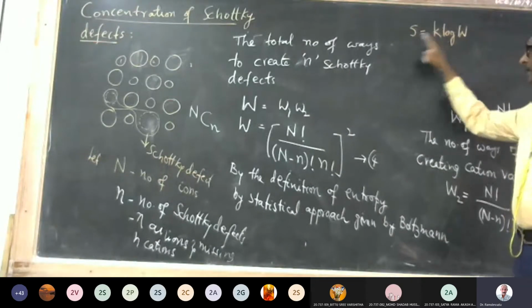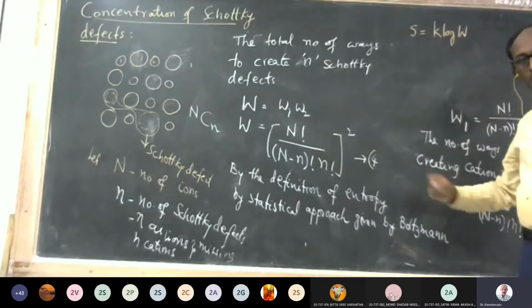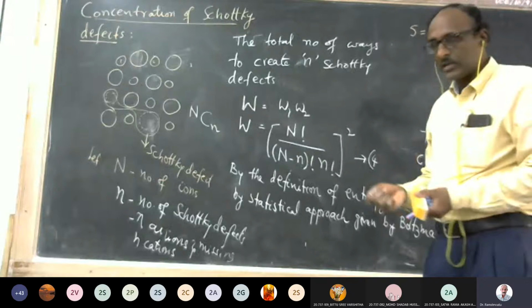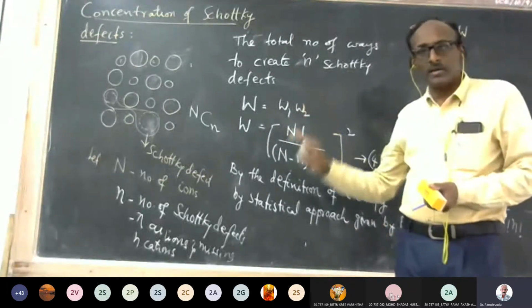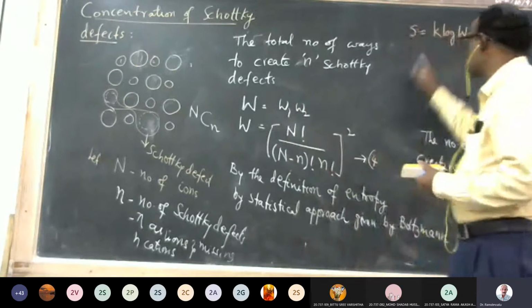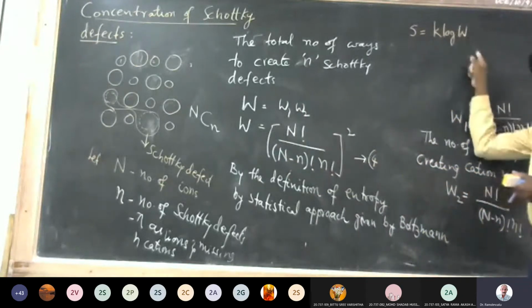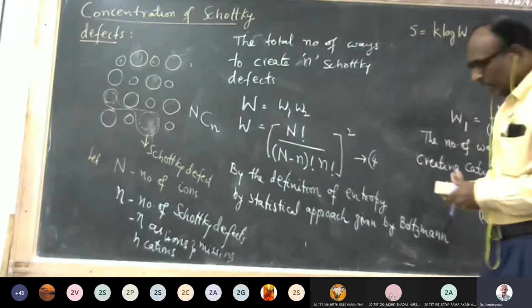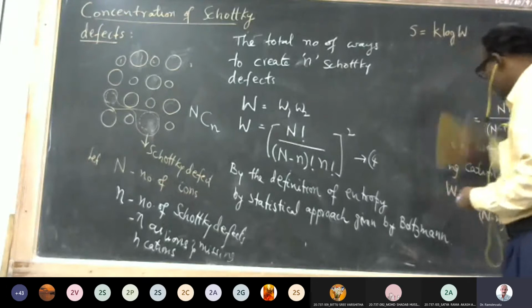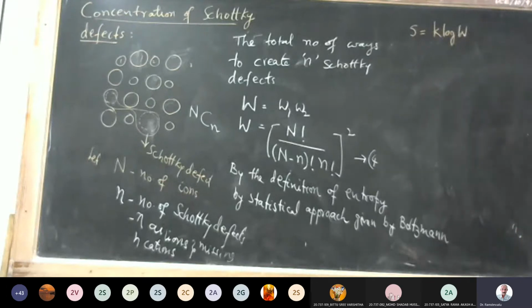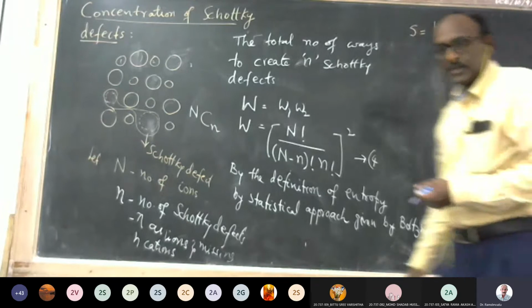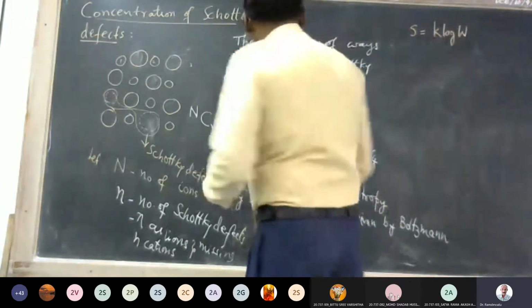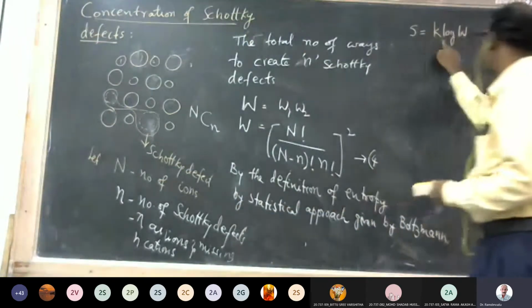By using mathematics, you can prove that dS equals dq by dT is the same as S equals k log omega. Even though the concepts and approaches are different, both are the same. They relate order or disorder in a given solid.